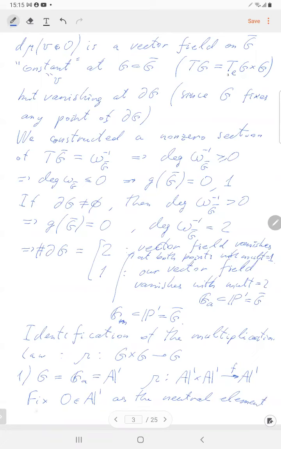So now we want to prove that f of x, y is just x plus y. Okay, there are no other choices. Let's prove this. What do we know? At least we know that f of x and 0 is x. We know that f of 0 and y is y, right? Because this 0 is the neutral element.